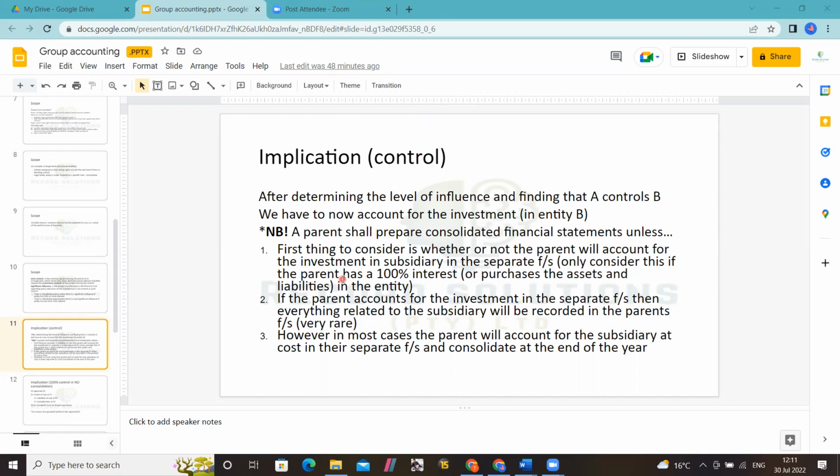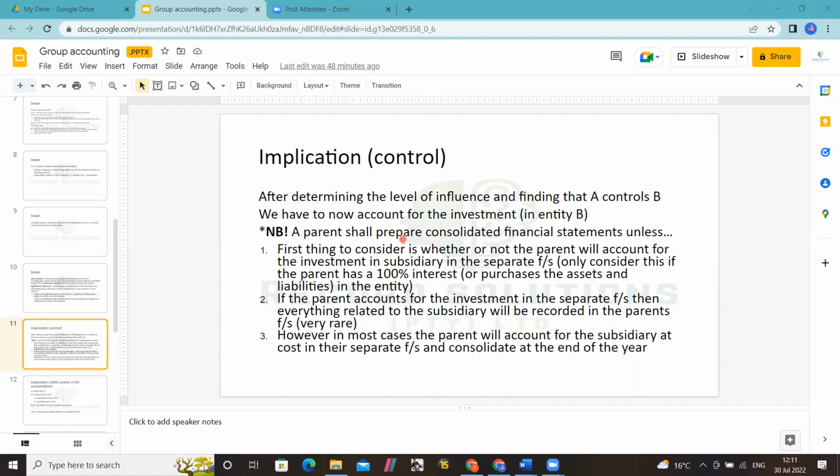So there are two ways to gain 100%: either you buy 100% of the shares, or you purchase the assets and liabilities in the entity. If they tell you that you purchase the assets and liabilities of the entity, just know that that means 100% interest. So that's the first thing.